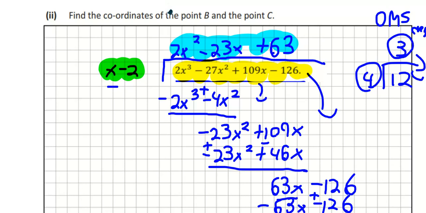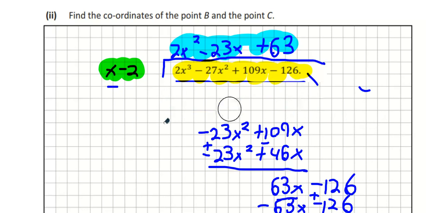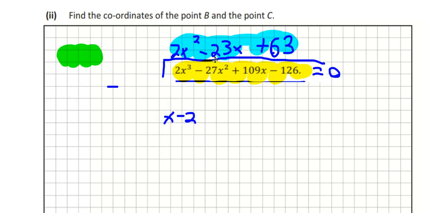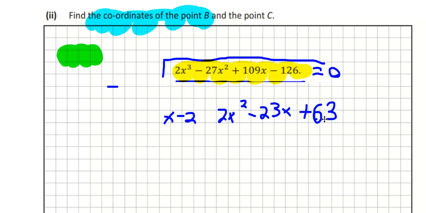So when we're solving this equation equal to 0, we're now claiming that it's x minus 2 times all of this as well, and when you multiply the two by each other, they're equal to that yellow part and equal to 0.